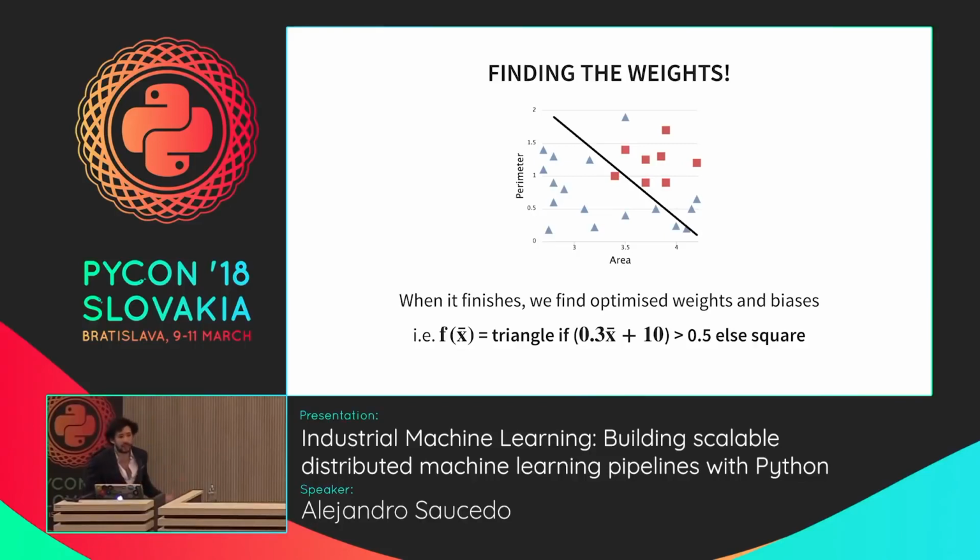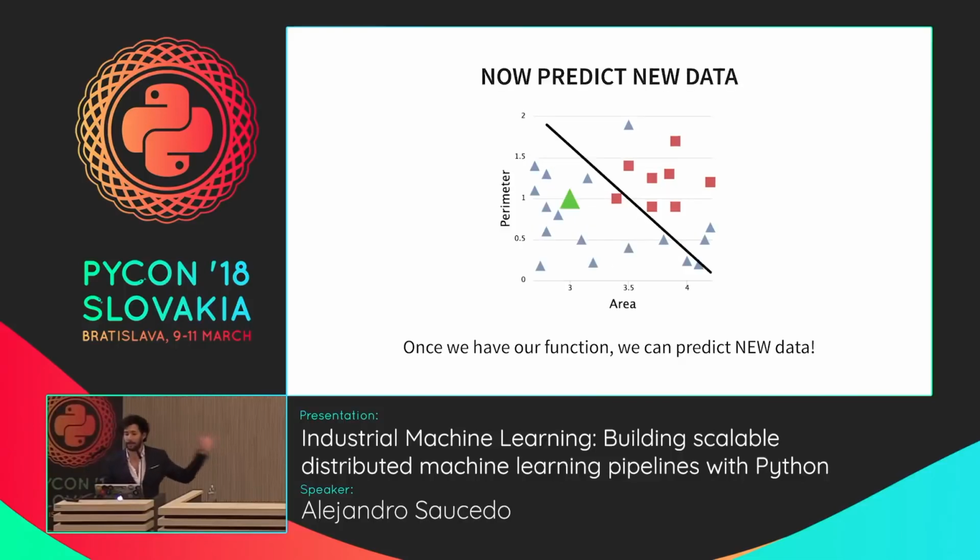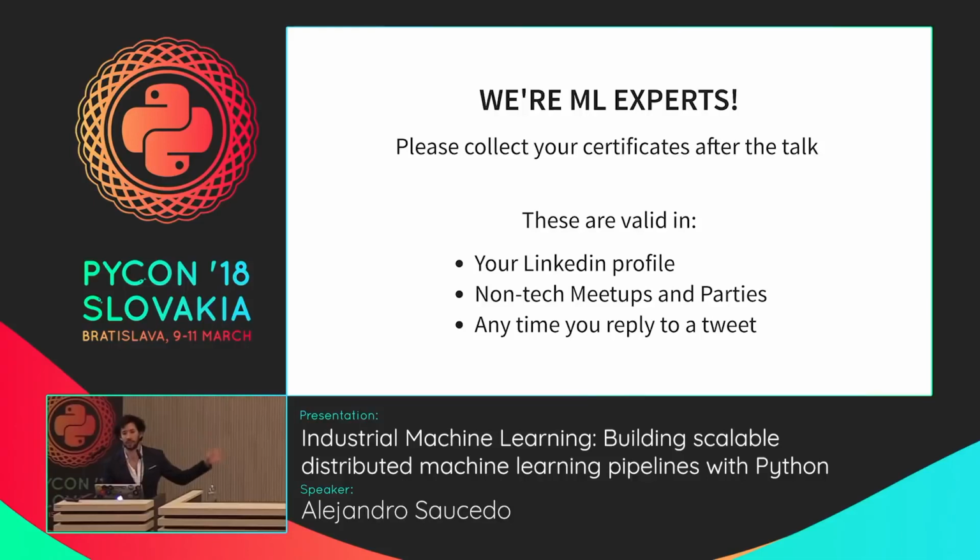This is really good, especially in an industry where you wouldn't be able to save every single permutation of a specific data set, mainly because number one, IP, and number two, it's just infeasible, right? To combine competitors' data into one single, massive if statement would be completely impossible. But ultimately here, we've succeeded. We found a line that divides those things. And if we give it a new shape, it finds whether it's a triangle or a square.